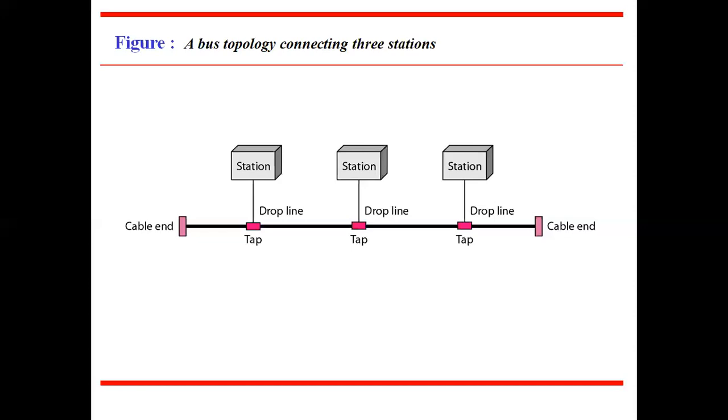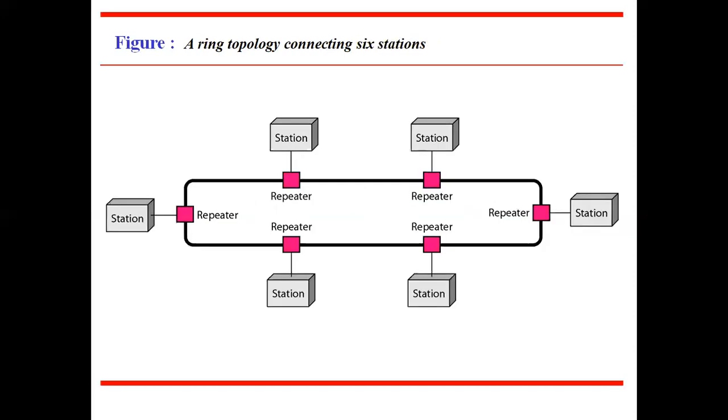Now we look at the fourth topology, ring topology. In a ring topology, each device has a dedicated point-to-point connection only with the two devices on either side.